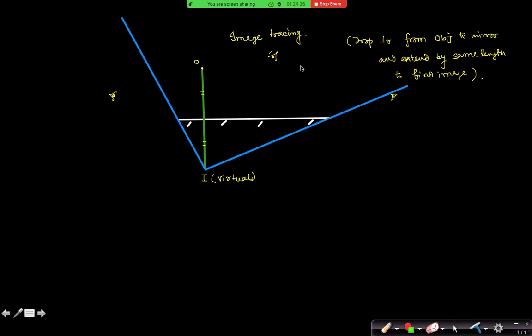So if you are looking from here, actually the ray is not able to come to you after the mirror, because this ray is the boundary ray, right? This ray is the boundary ray here.